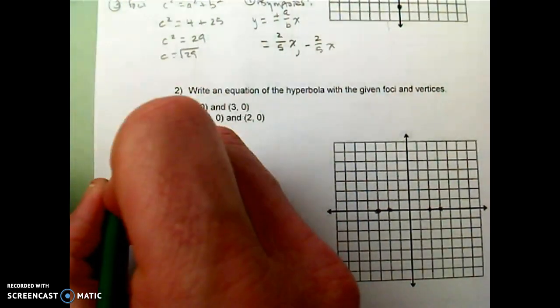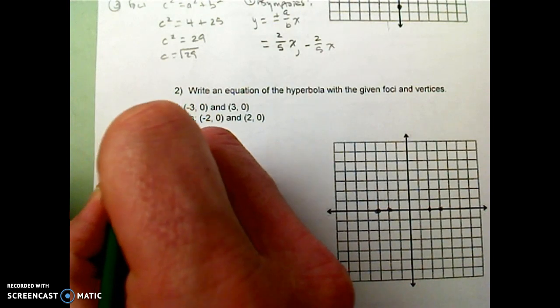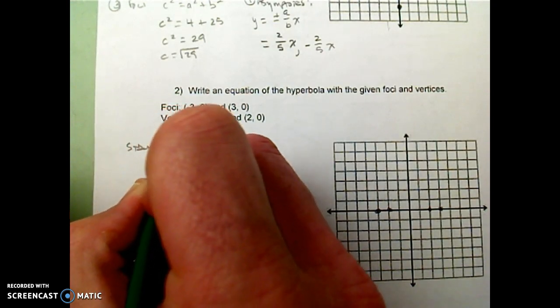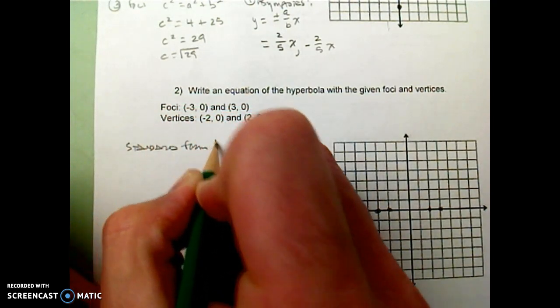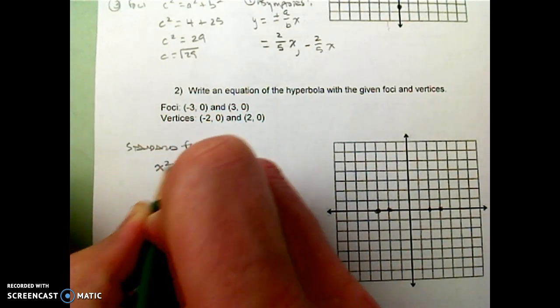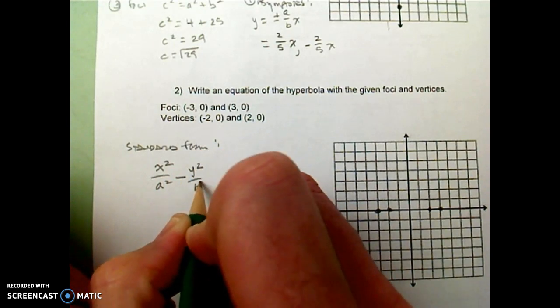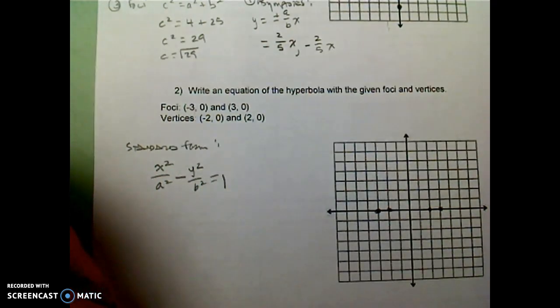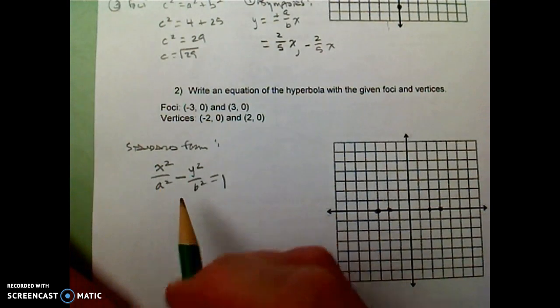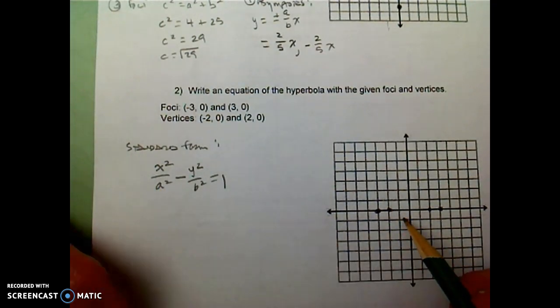So if it has a horizontal transverse axis, my standard form is x squared over a squared minus y squared over b squared equals 1. Now my vertices happen at plus or minus a comma 0.